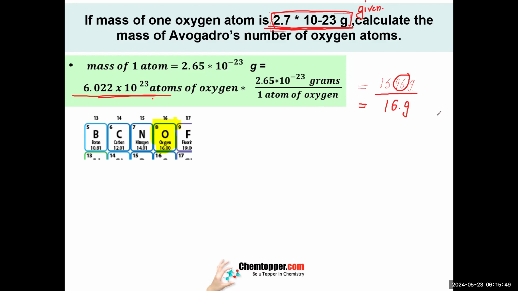If you don't put the decimal, still okay. Amodita and Mayank, we are doing correction here because this is something which is given to us, right? And we are calculating the mass of 1 mole of atoms. It's a defined number.